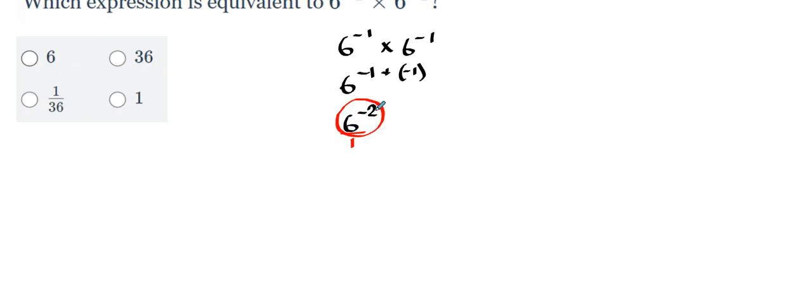So because I have a negative 2 exponent, I will take this base 6 and the negative 2 exponent and move it from the numerator, which is the top of a fraction, to the bottom, which is the denominator. So here's our fraction bar. We still have base 6, but that negative 2 exponent will switch to a positive 2. And because it is a fraction, we're going to give it a 1 in the numerator.